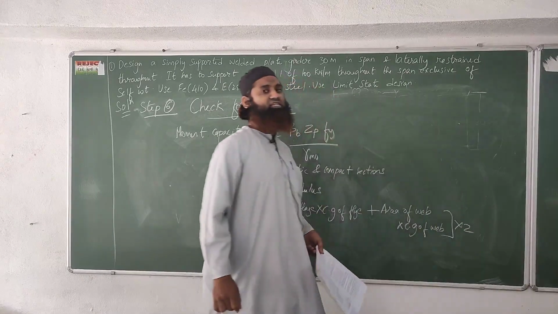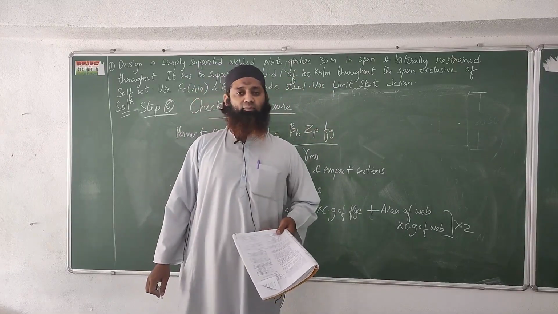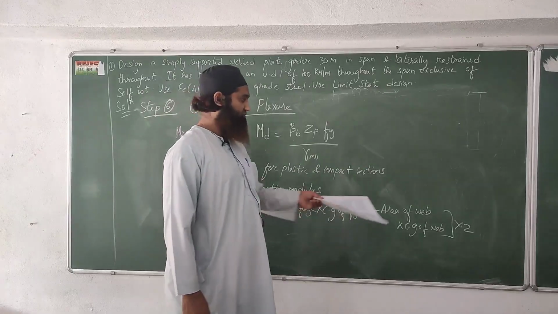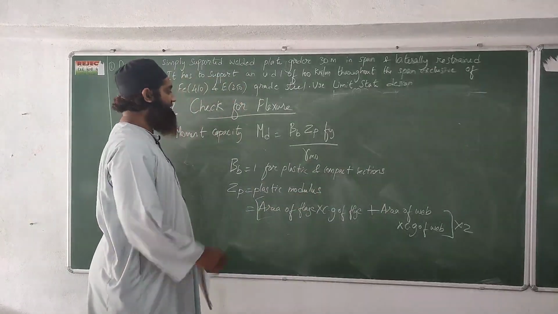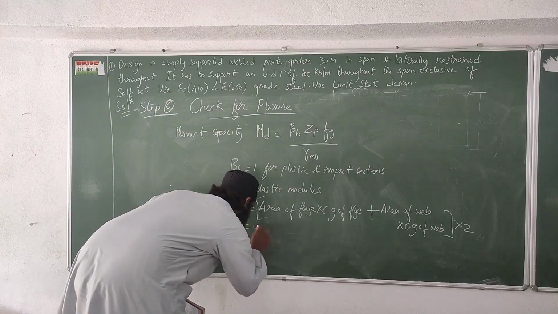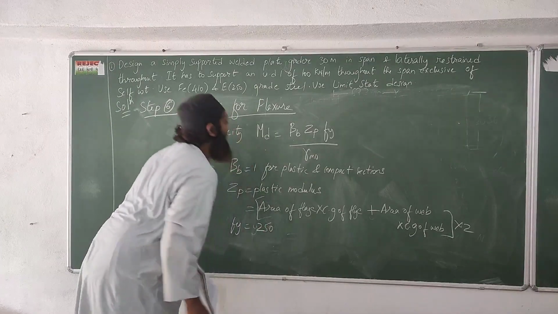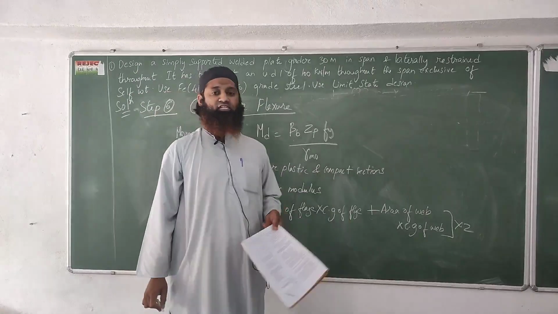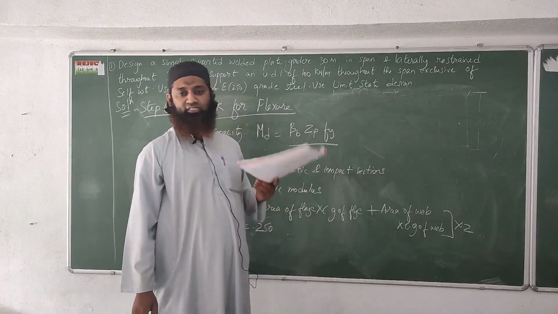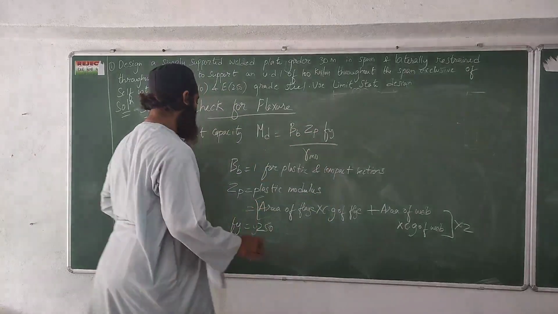Because it is a symmetric section, we will be seeing the CG from the center of the I section, so we will be multiplying it into 2. Fy is the yield stress, that is 250, and gamma M0, as I have told you, is on page 30 and will be taken as 1.1.